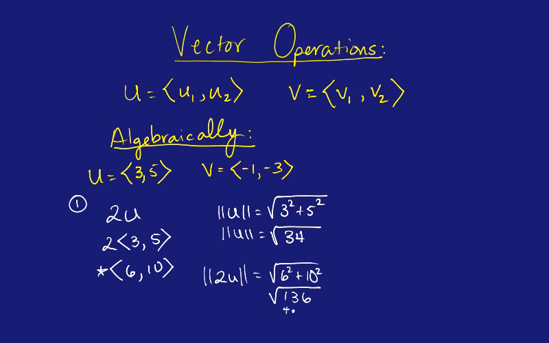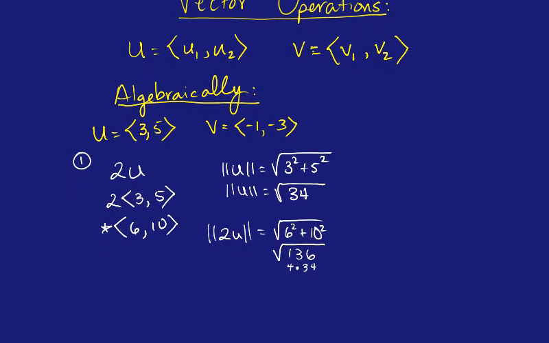So the square root of 4 times 34, and the square root of 4 is 2. And then what you would be left with is the square root of 34 underneath. So take a look, the magnitude of 2u is 2 times the square root of 34, so it's literally double the amount.